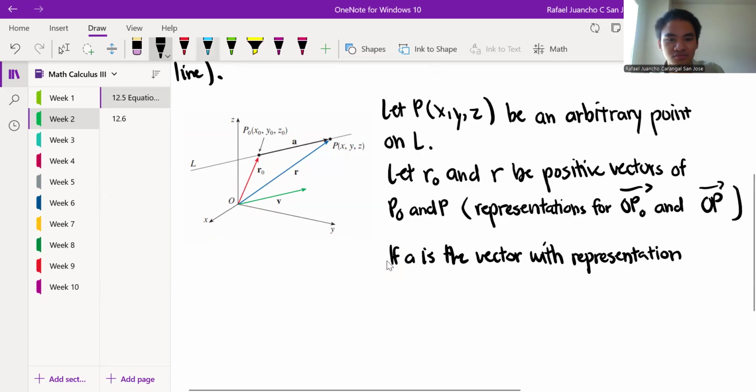Here we start at P naught and we go to its tip, or its head, to P. So P naught to P. Because you go from P naught all the way to P. Same goes from the original. We go from O to P naught, and the other one was O to P. So vector A has this representation of P naught to P.